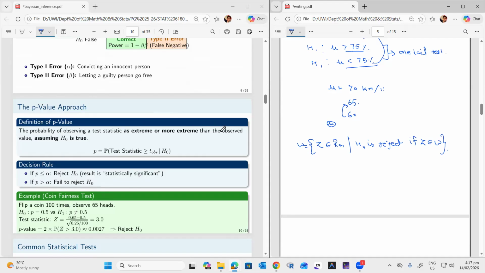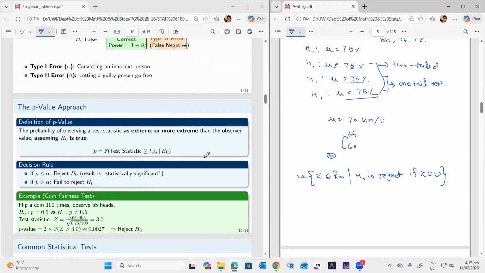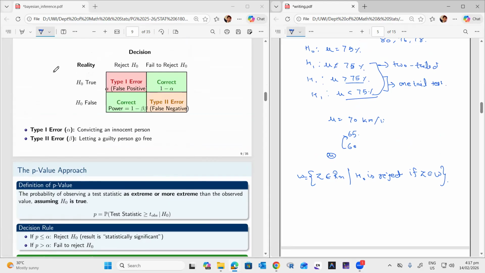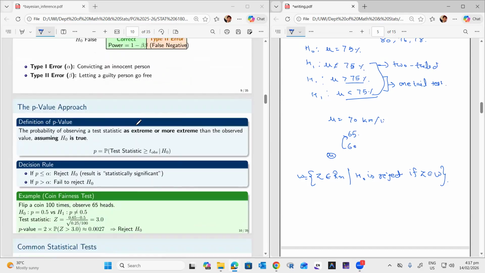So whatever the null hypothesis rejection region you are assuming is under H naught. That's why Type 1 error becomes more serious compared to Type 2 error.